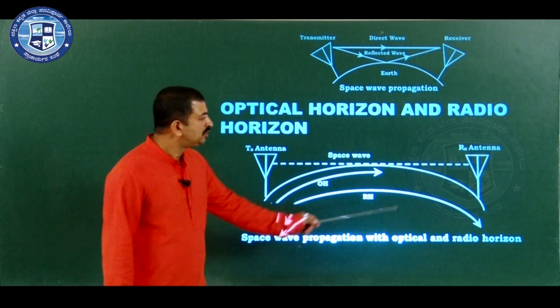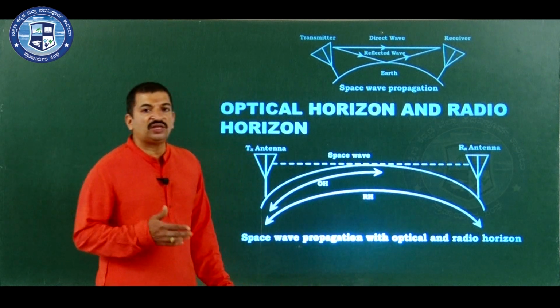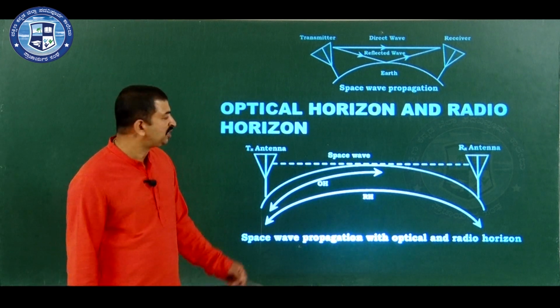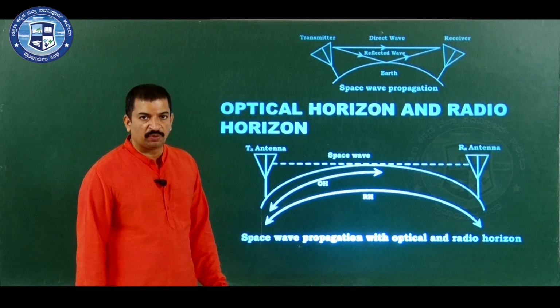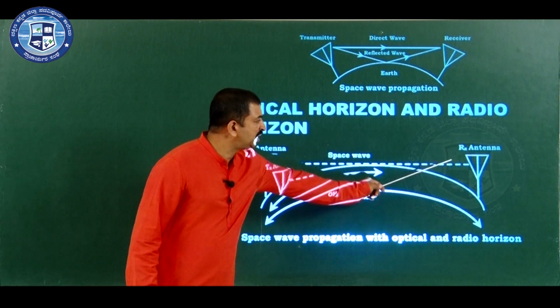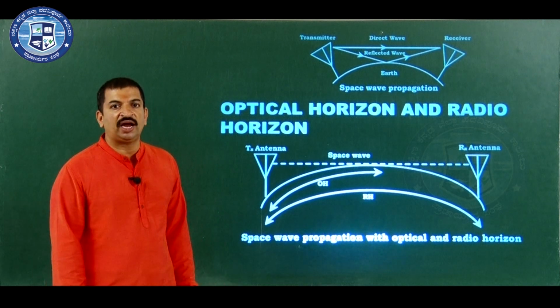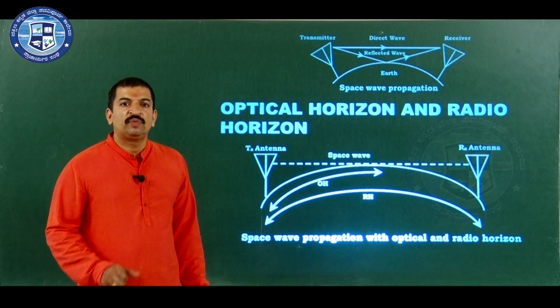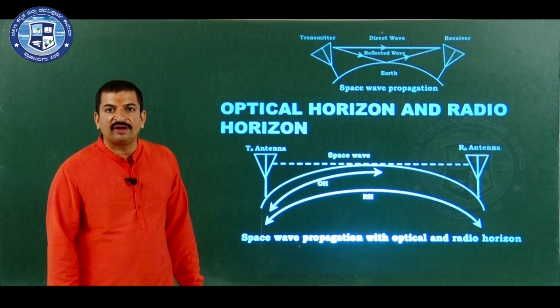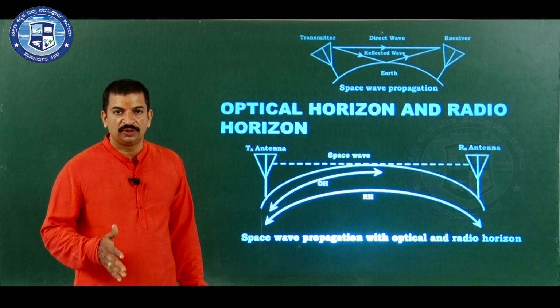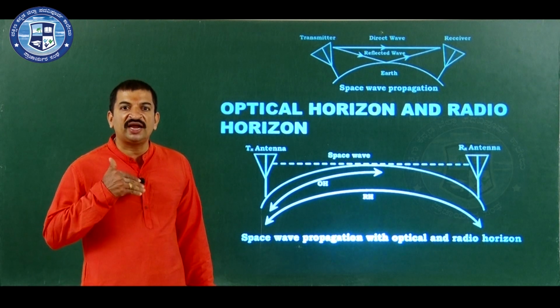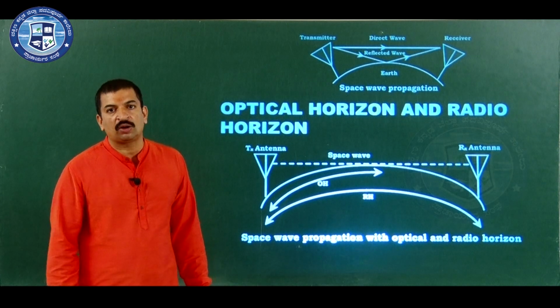This is because the receiving antenna which is beyond the curvature of the earth receives the signal through the sky wave. One of the important properties of the sky wave is that whenever the sky wave enters the ionospheric layer, it bends, which carries the ray beyond the optical horizon.